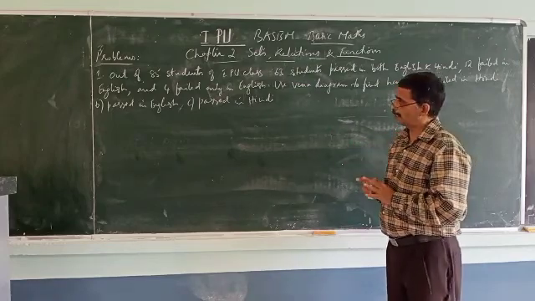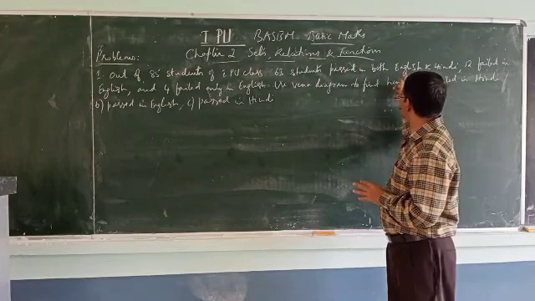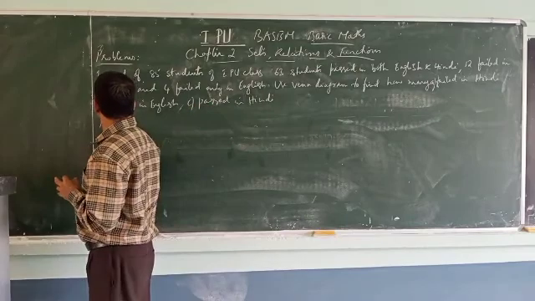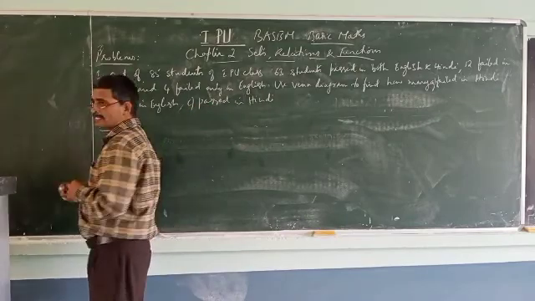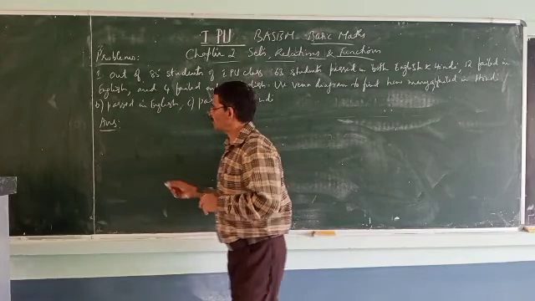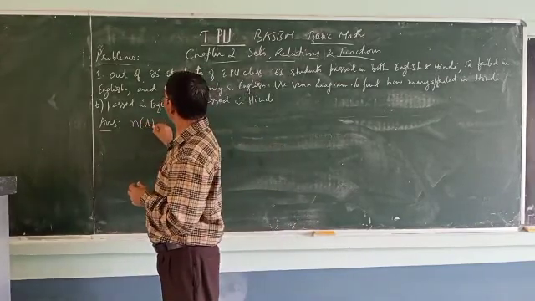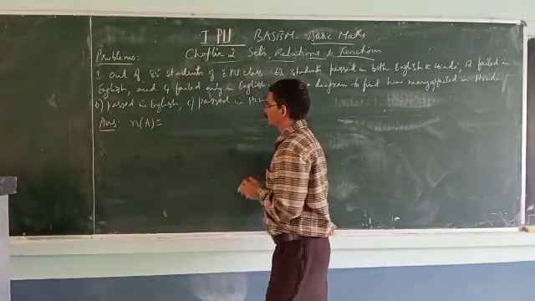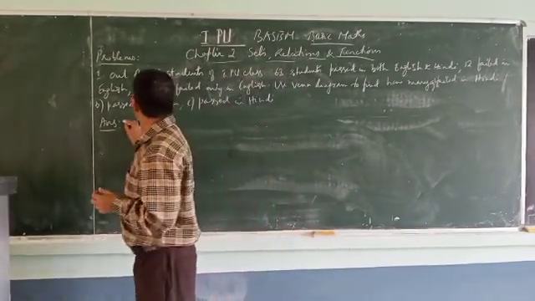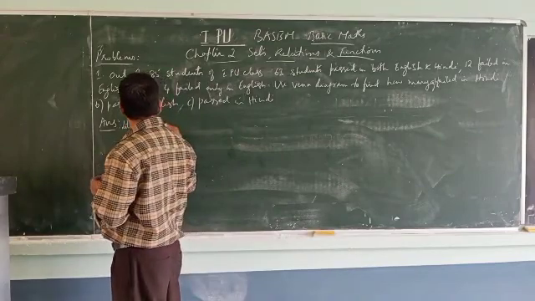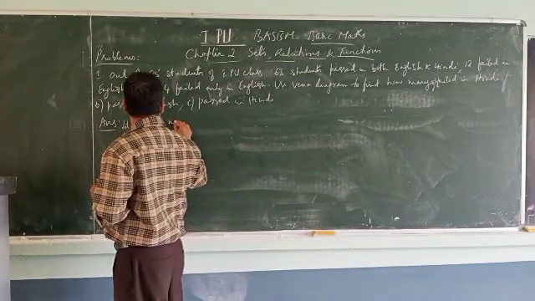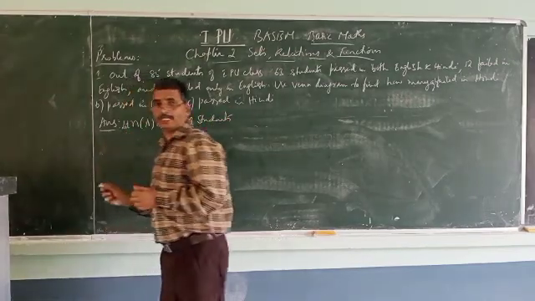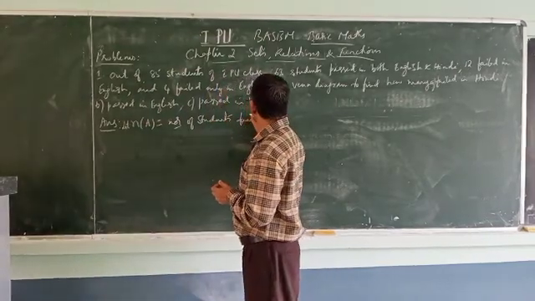So total 85 students, 63 students passed in both. We will proceed in a different way. I will take one of them as N of A. Let N of A equal the number of students failed in English.